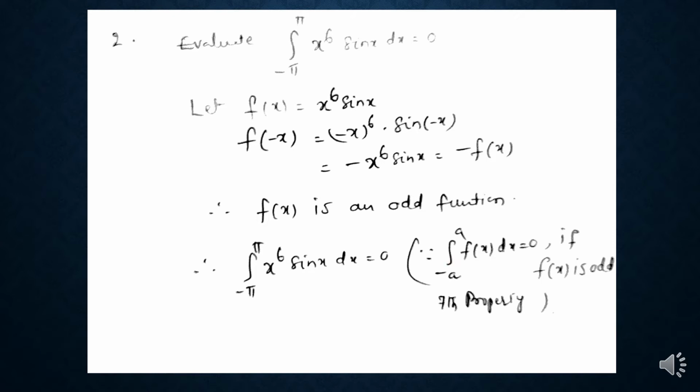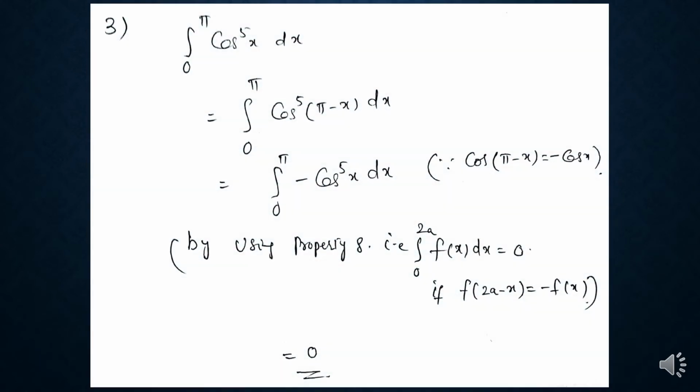Next, coming to the next problem. Integral 0 to pi cos to the power of 5 x dx. Here we have the property that integral 0 to 2a f of x dx is equal to 0 if f of 2a minus x is equal to minus f of x.